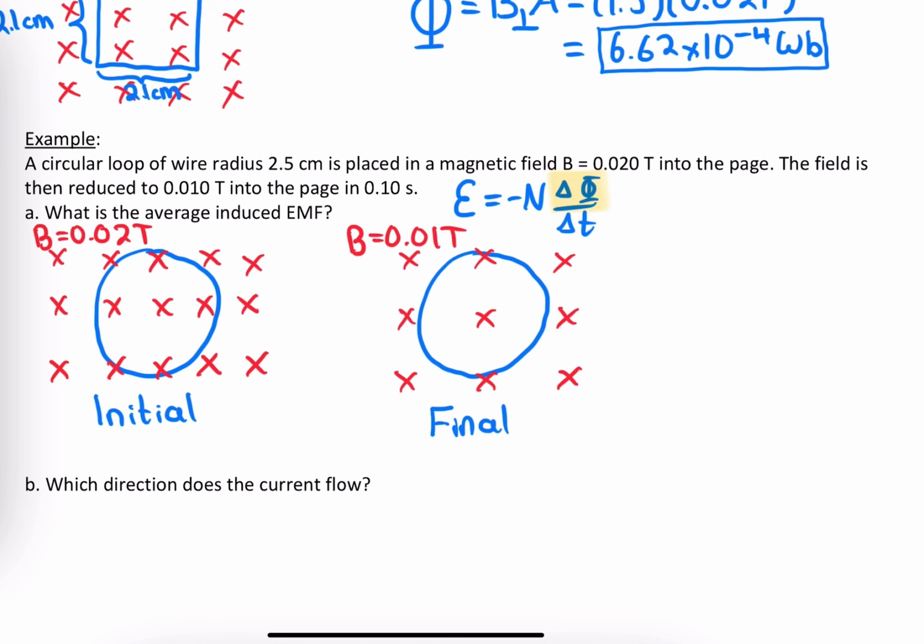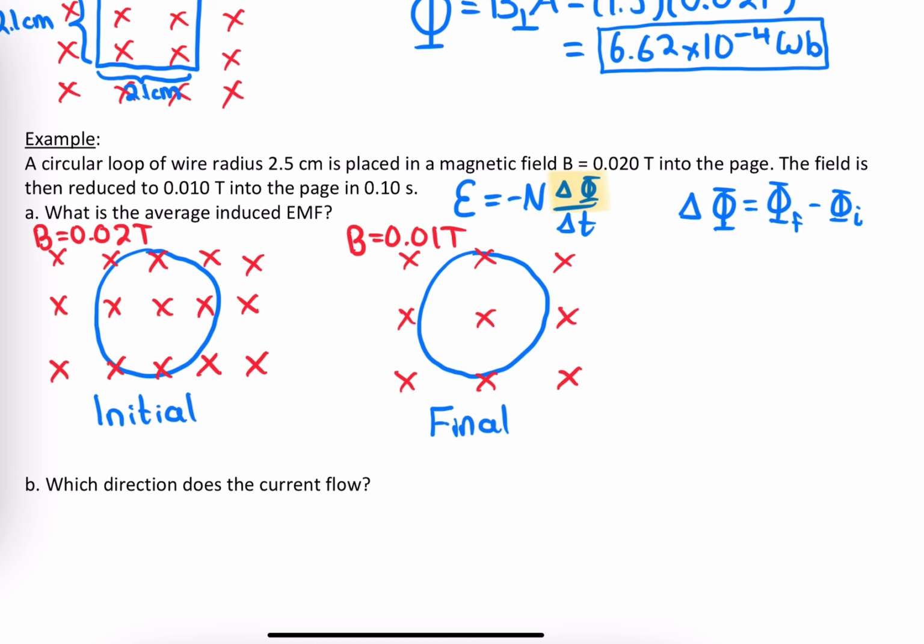So what I'm going to do here to find the change in flux is this. I'm going to say the change in flux is flux final minus flux initial. That makes sense.